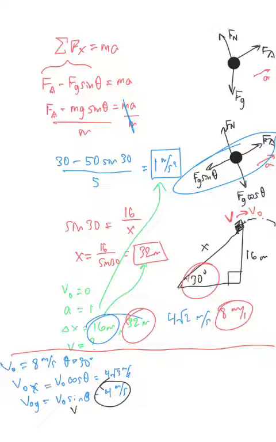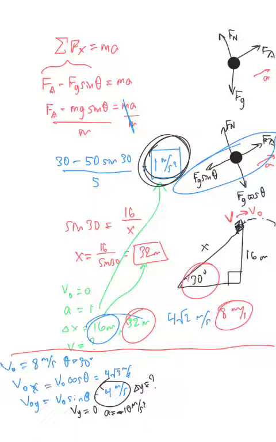We know the final y velocity, when it reaches the highest point, is 0. We know the acceleration, because it's in free fall. Remember, this is free fall. It's not the acceleration that we found earlier right here. That was the acceleration while the box was on the ramp. Now the box is in free fall, so it has an acceleration of -10 meters per second squared. And we're trying to find the delta y.